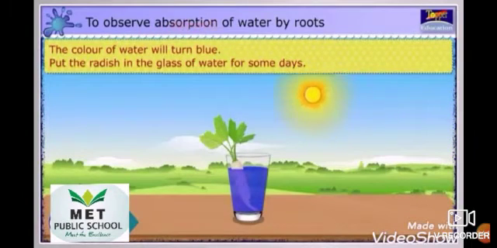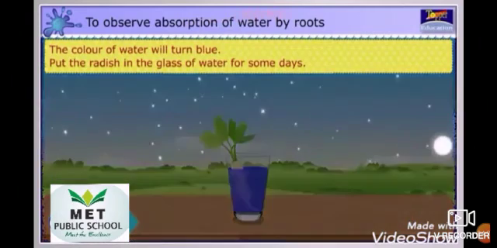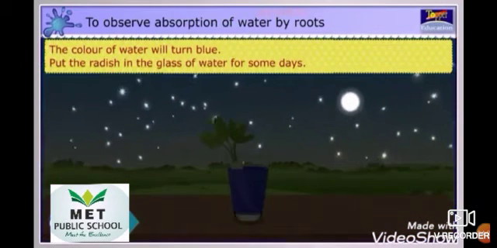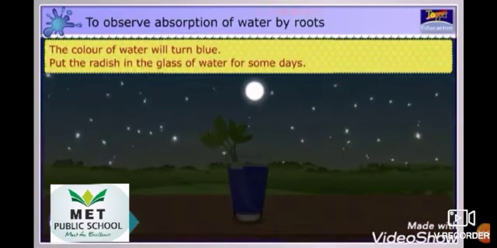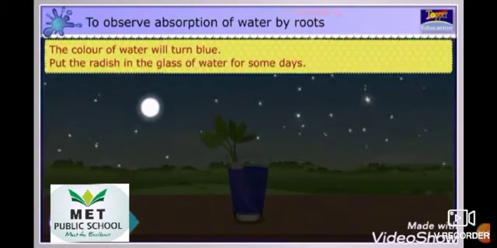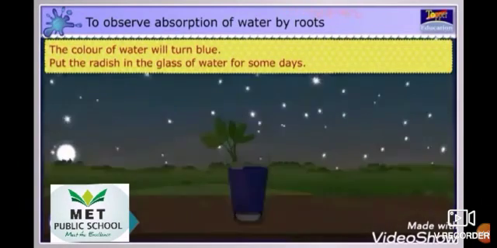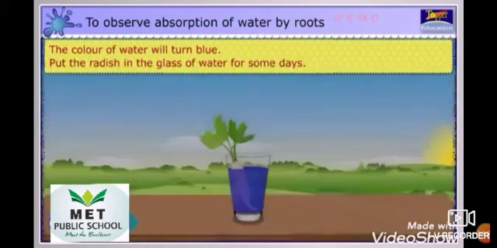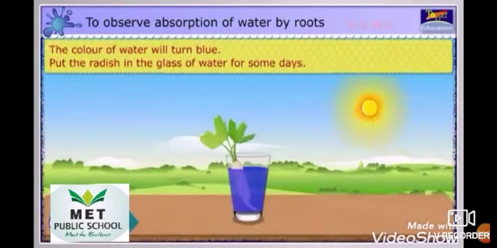See here, many days after, you are removing the radish now. When you remove the radish you will observe that the bluish colored water has started to go inside the radish. How can we understand this? By cutting the radish.